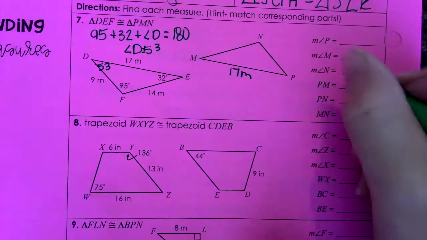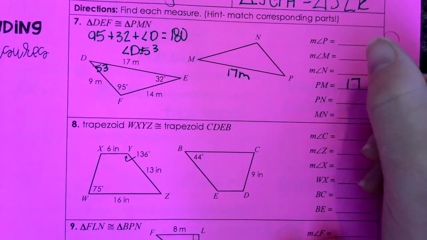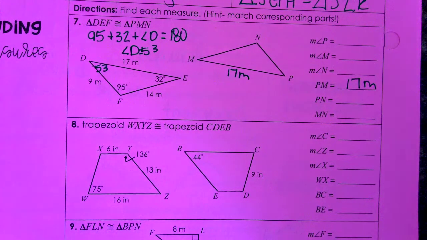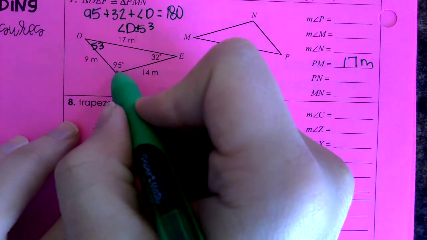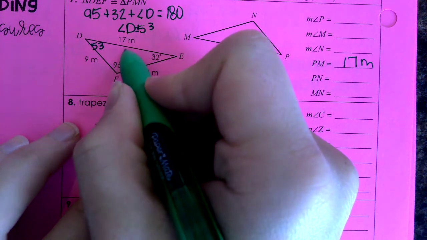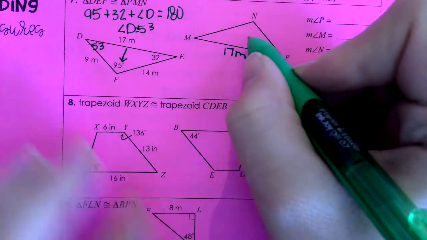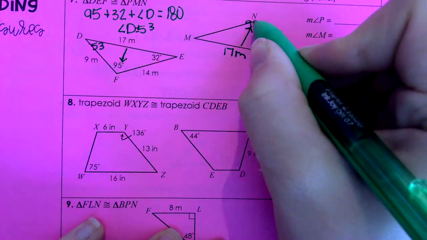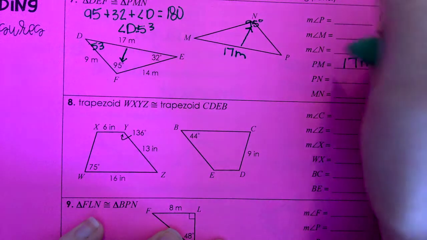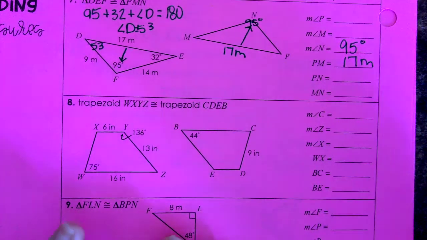PM or MP, that's going to be 17 meters. Now, that lines up with my other angle. If I go straight across from my 17, that gets me to 95 degrees. So angle N is 95 degrees.